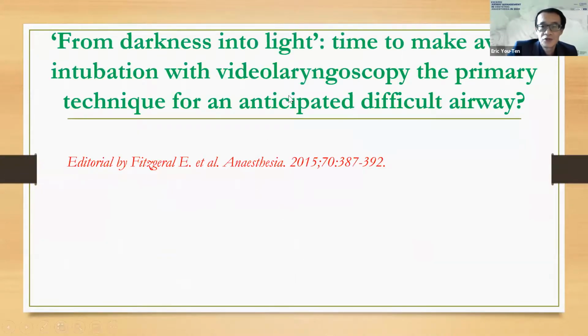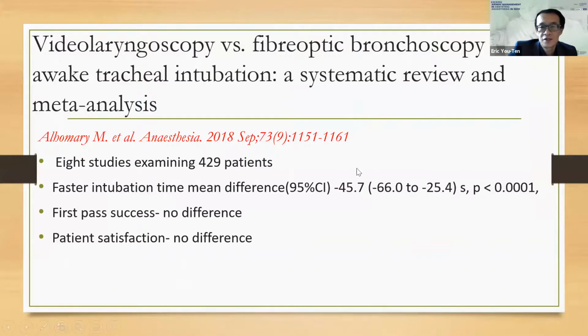This is an editorial that highlights whether we should make awake video laryngoscopy the primary technique for anticipated difficult airway. Looking at a systematic review that was published a couple of years ago, they showed that awake video laryngoscopy had a faster intubation time by about 45 seconds, and first-pass success and patient satisfaction were no different.